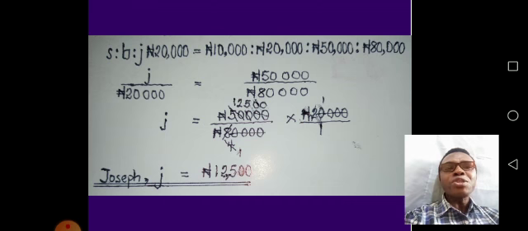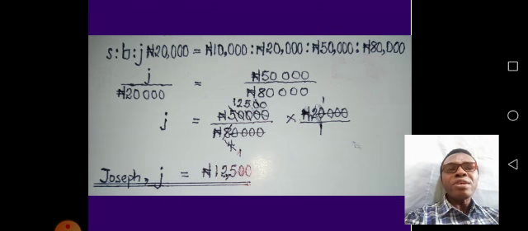Then the contribution: they contributed 10,000, 20,000, 50,000. If you add all their contributions, you get a total of 80,000 naira.